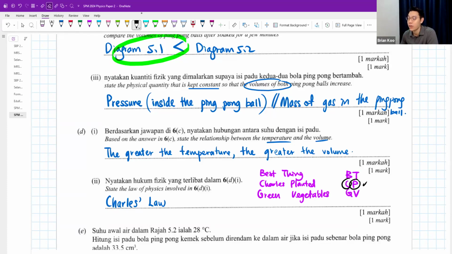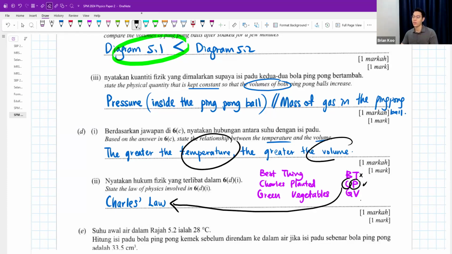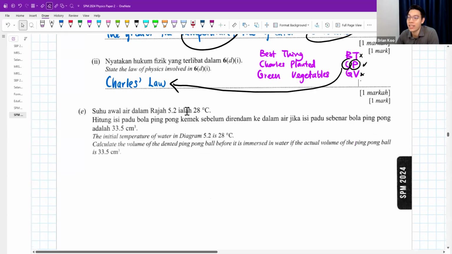That's why it is Charles' law. Okay, temperature change, volume change. If temperature never changes, then it's Boyle's law. If volume never changes, then it's Gay-Lussac's law. Okay, that's how you see this. But look for the one that will never change, because the two other things will change. Temperature will change, very obvious. Volume will change. Only pressure never changes. Charles' law. Okay, the one that is unchanged is the law.